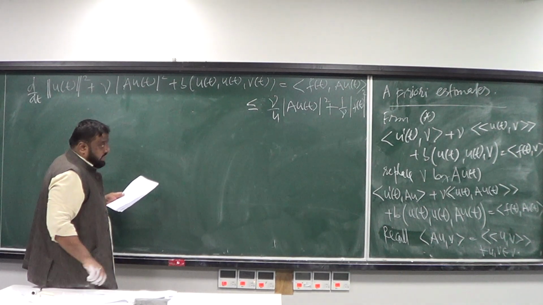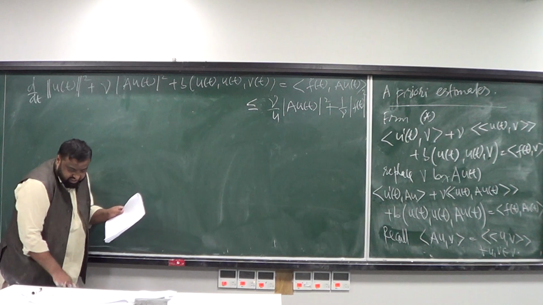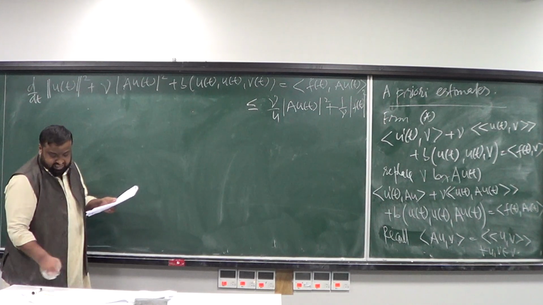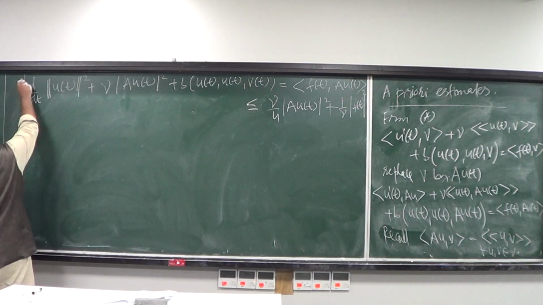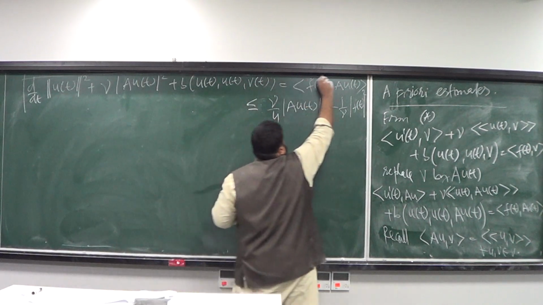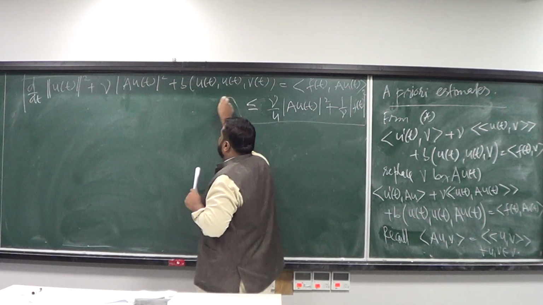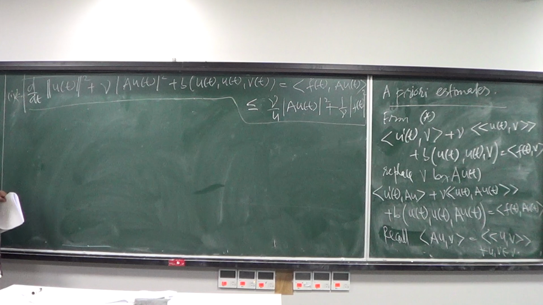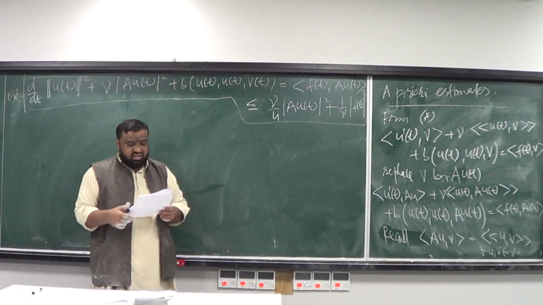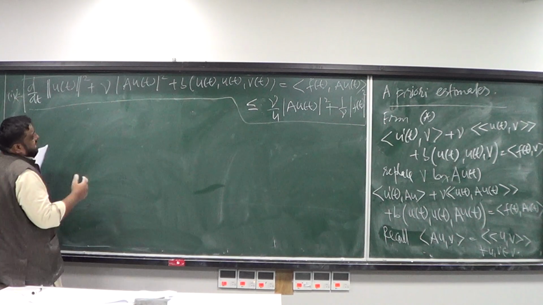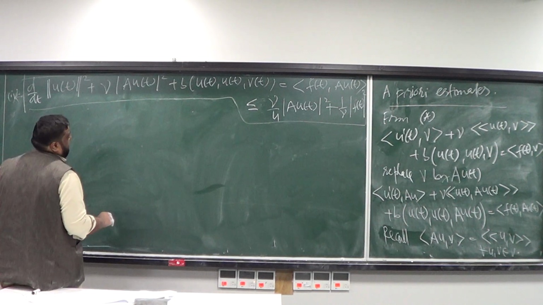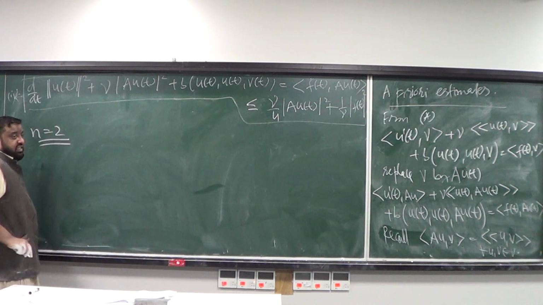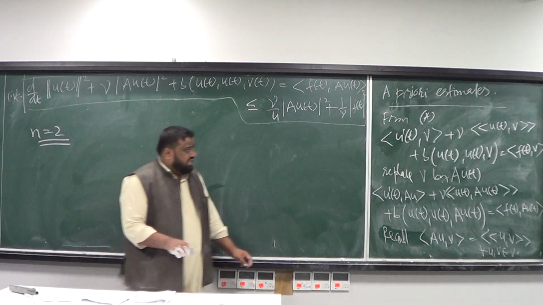Now we are in an interesting situation. Let's call this inequality number 4. This inequality is true in general. Now I'm going to get into the particular dimension; I can't go further with this. So now let us consider dimension 2.